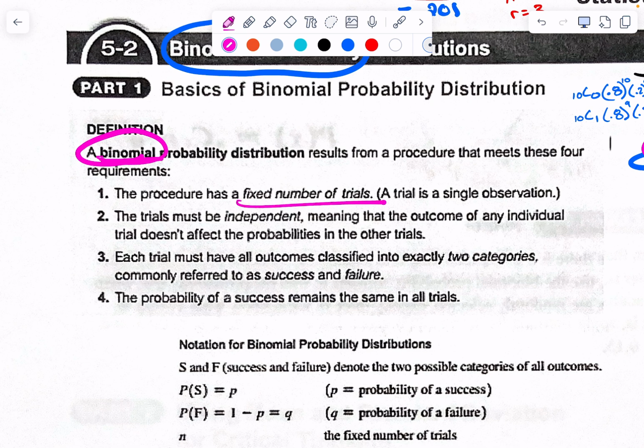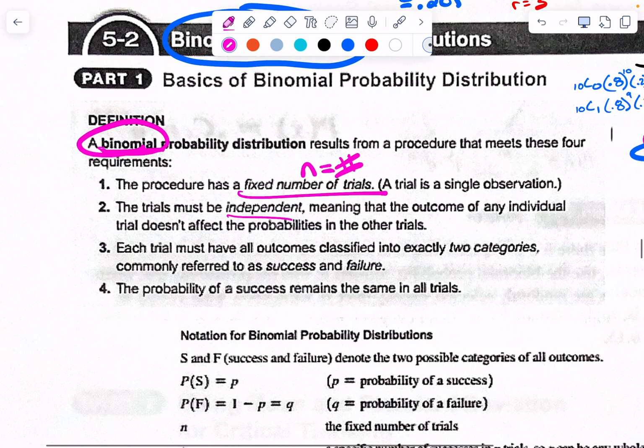We have a fixed number of trials. That's your n, right? N has to be equal to a set number, like 10 plants or whatever. The trials must be independent. That means it's not like we're not replacing a card, where my second number is dependent on my first number. They're independent, which usually is not a big deal. And then we have 2 categories.